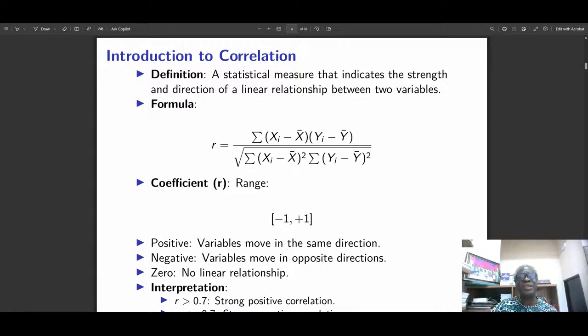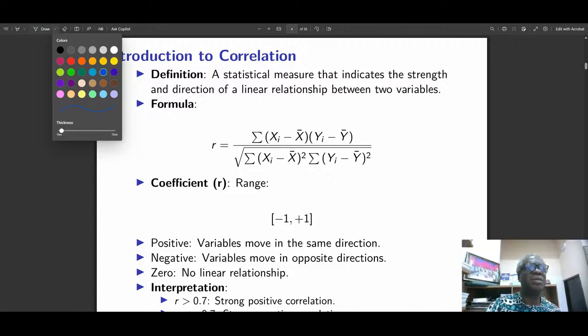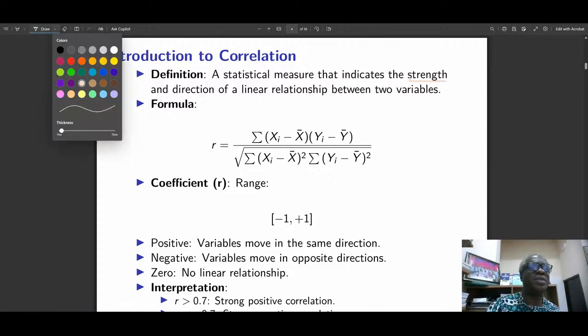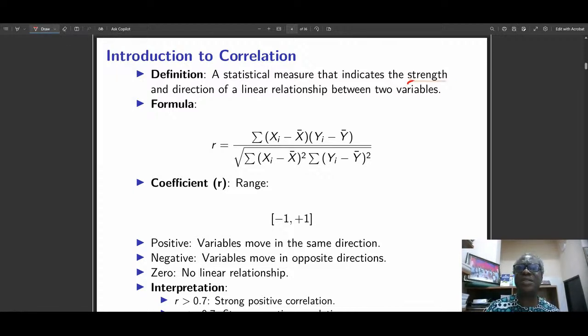So underline those two terms, the strength, the direction, and most importantly, the measure. So it's a statistical measure, and that measure will indicate the strength and the direction.